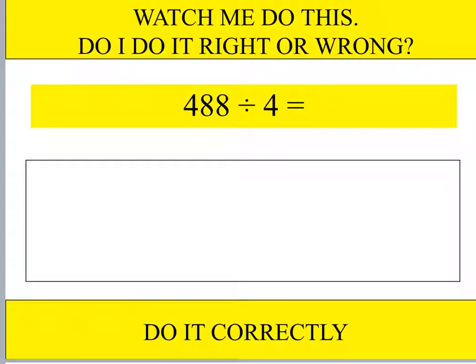I want you to watch me do this, and I want you to decide if I do it right or wrong. So, I have 488 divided by 4. Firstly, I'm going to draw my half rectangle, and I'm going to do 488 divided by 4.